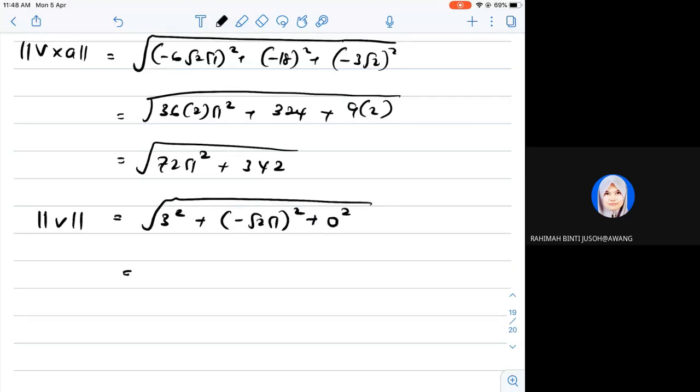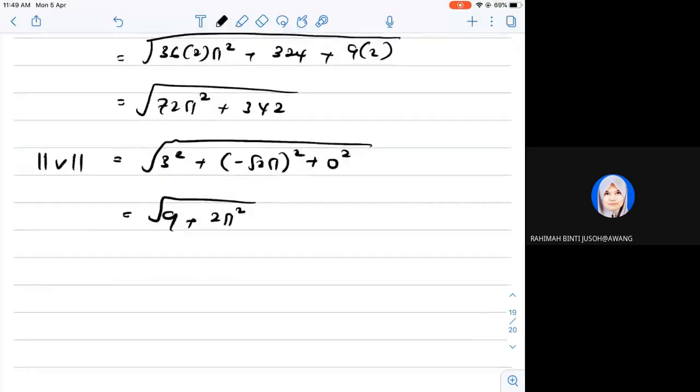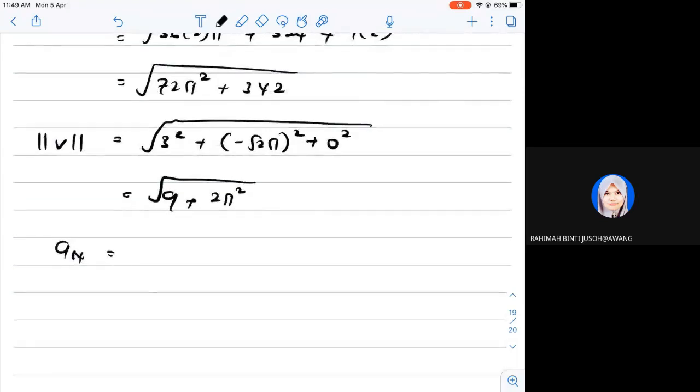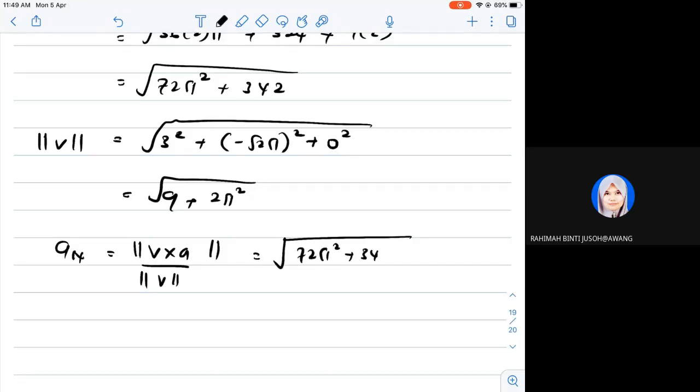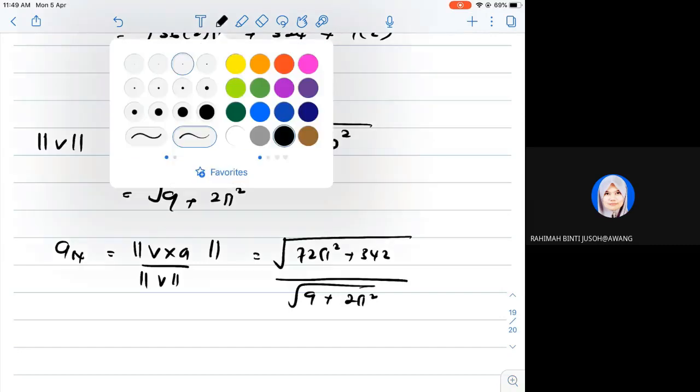So we will have 9 plus 2 pi squared, isn't it? Like this. Guys, don't just copy, okay. If I make a mistake, everything will be wrong. So altogether, do V cross A magnitude divided by the speed. We get square root of 72 pi squared plus 342 over square root of 9 plus 2 pi squared. So that's the answer.